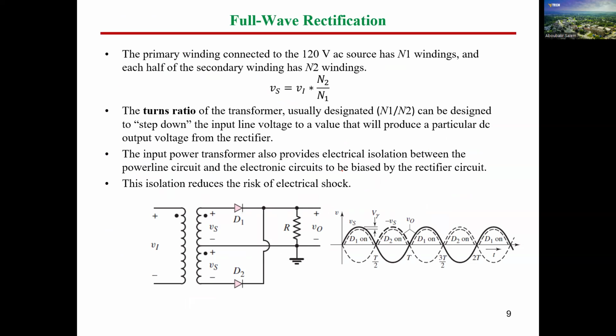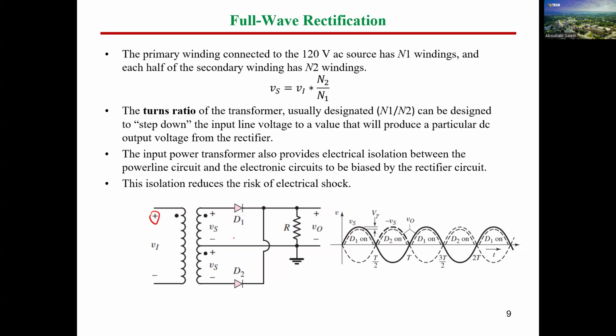We have on the top here plus minus Vs, and here plus minus Vs. If this is plus, this will be plus at the same time. If this is minus, this will be minus, which means this will be minus and this will be plus, so the diode D2 will be on.